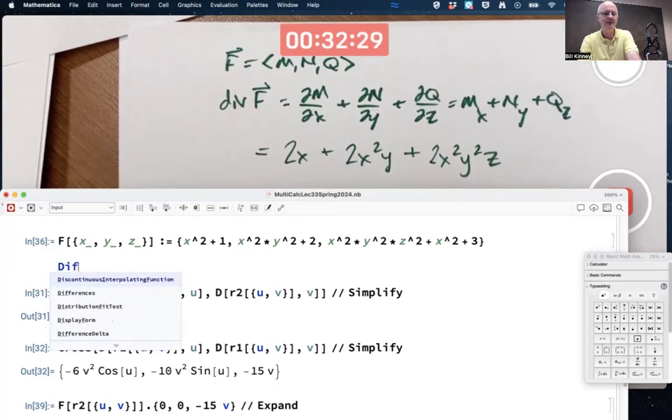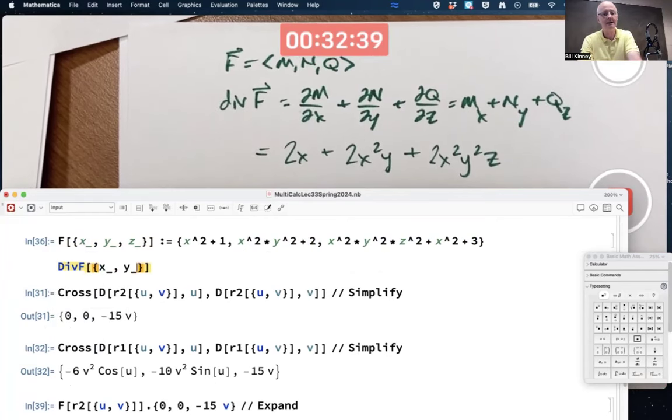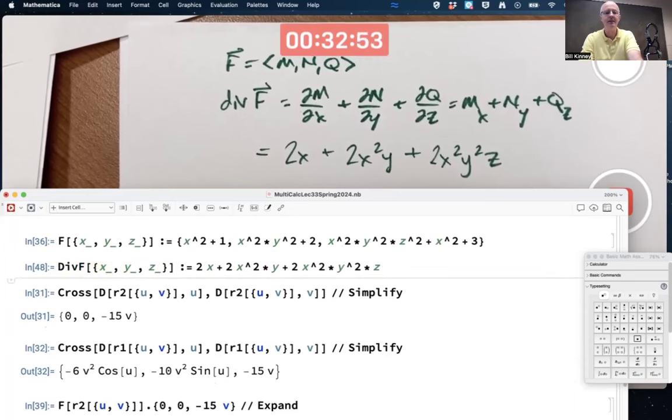Go ahead and call it. Well, there is a built-in command called div, but I could call this div f. I may want to plug a three-dimensional point into it, so I'll use curly braces. 2x plus 2x squared times y plus 2x squared times y squared times z.